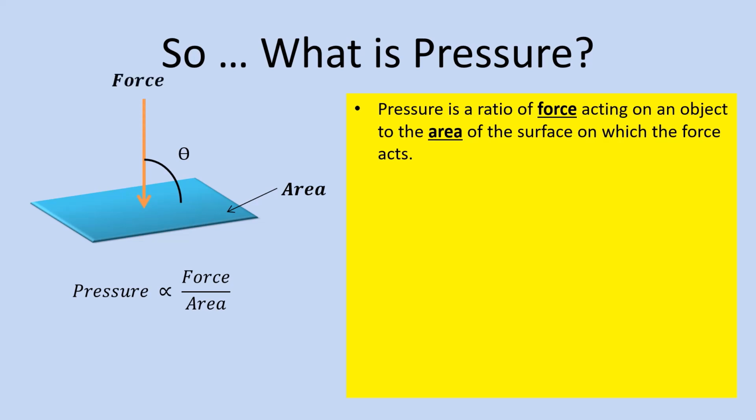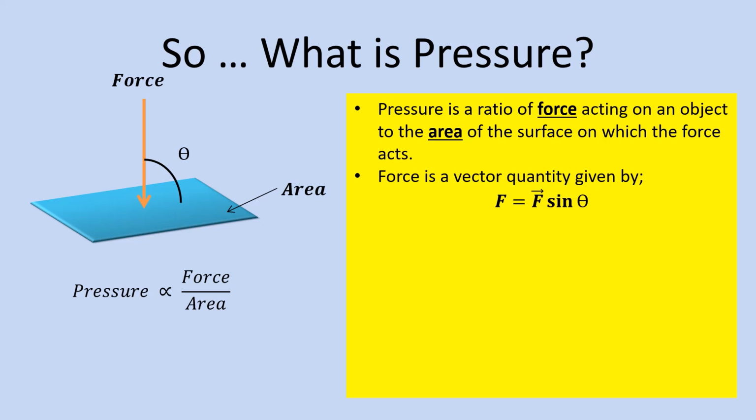To illustrate that, if a force is acting on an area given by the diagram here, then the pressure should be given as force divided by area. But now the force depends on the direction, or the angle between the line of action of the force and the plane of the area.